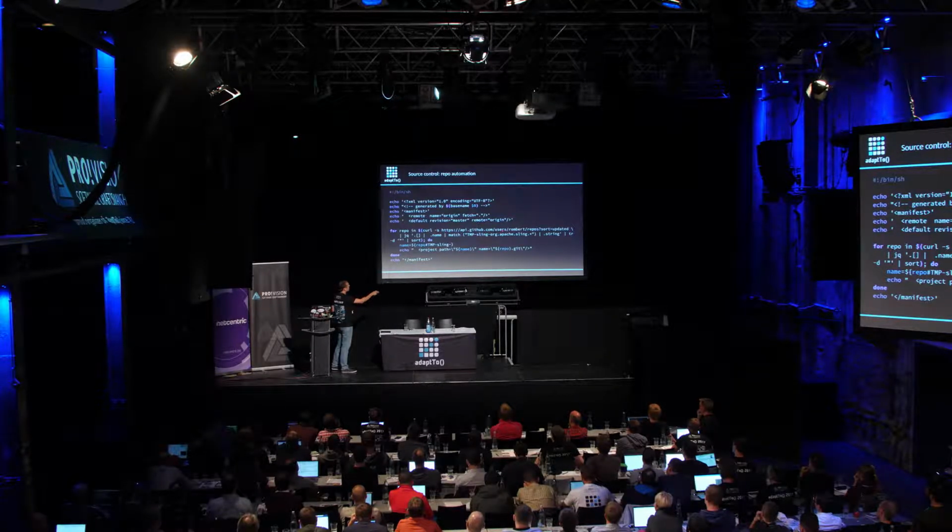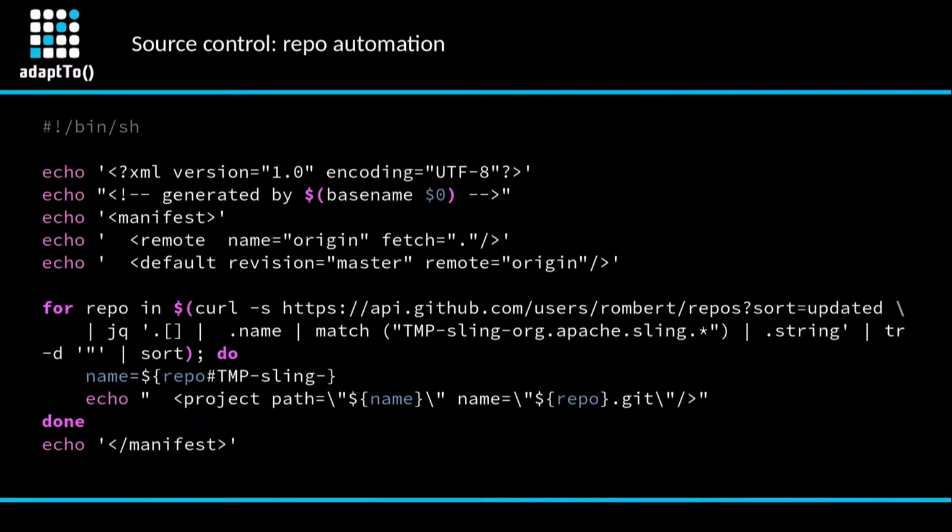So it goes to my home project, takes all the repositories matching a certain name pattern, and then outputs the XML. That's as easy as it gets with a little shell scripting. You can regenerate the whole manifest without needing to do this by hand.